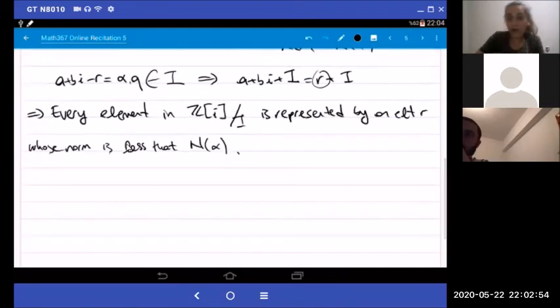Okay, and N of alpha is nothing but a squared plus b squared. Now you have some number with integer coefficients, something like s plus ti, and you know that s squared plus t squared has to be less than a squared plus b squared, right?